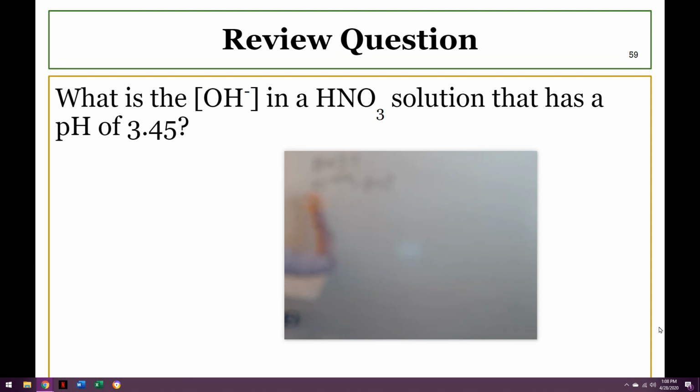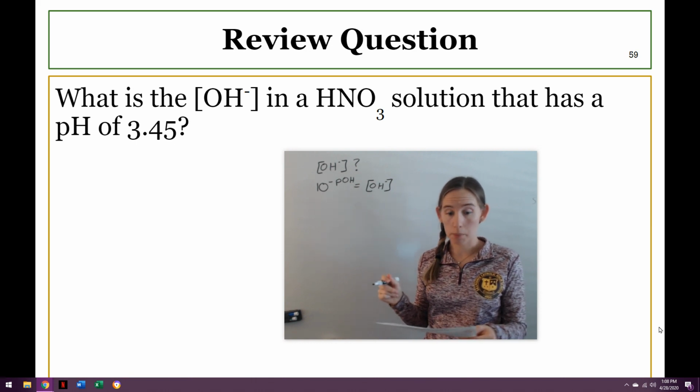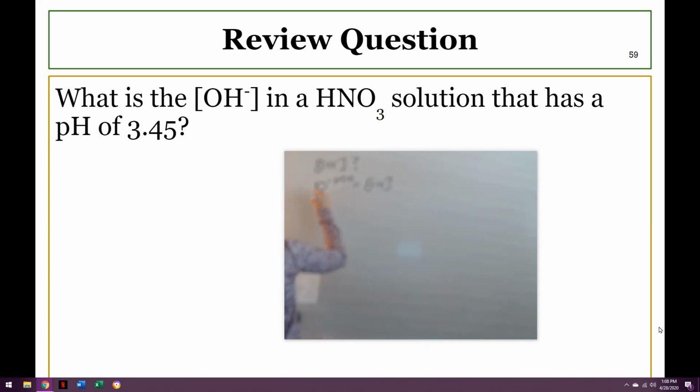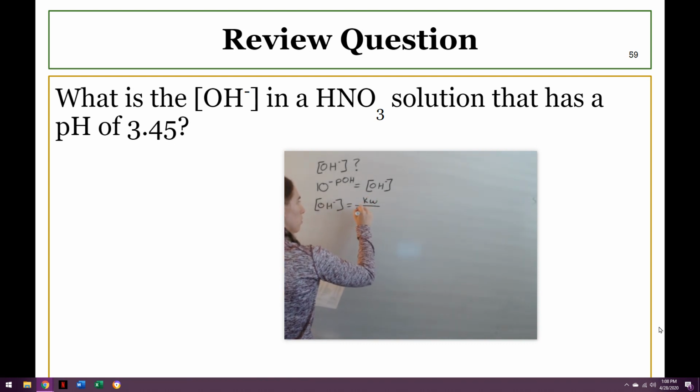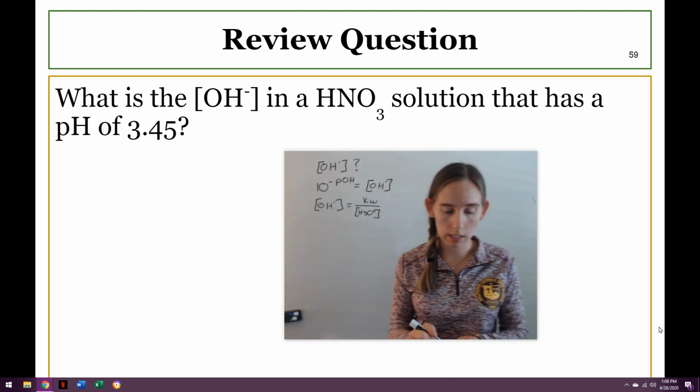We also know that hydroxide times hydronium is equal to Kw, which means when you rearrange that, hydroxide is equal to Kw divided by hydronium. So if we can find hydronium from the rest of the information in the problem, we could use that equation to get to hydroxide.